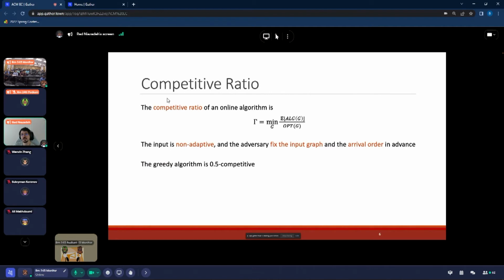So for that problem, we designed a competitive algorithm for online bipartite matching with reusable resources. The competitive ratio of an online algorithm is the minimum, over the worst input graph, of the ratio between the expected output of the algorithm and the optimal solution.